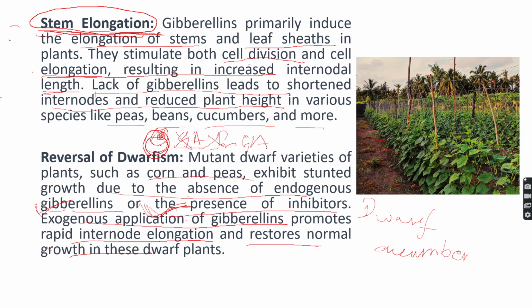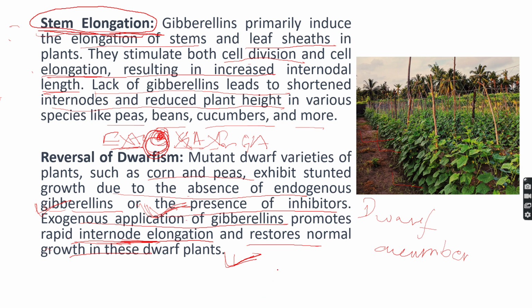But here there is the presence of the receptor. So when we apply gibberellin externally, the receptor will respond to the externally applied gibberellin and it will elongate the internode. That way also we can develop dwarf varieties, but in this case externally applied gibberellin will show the action.